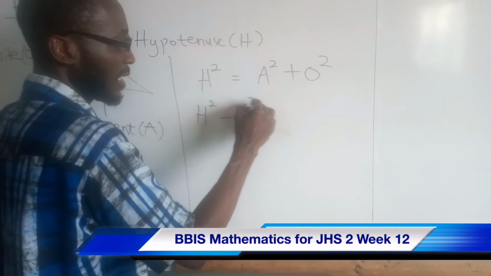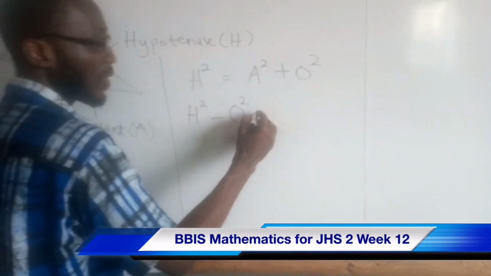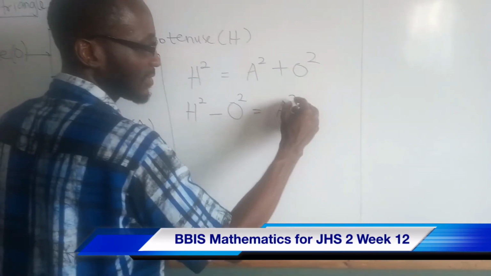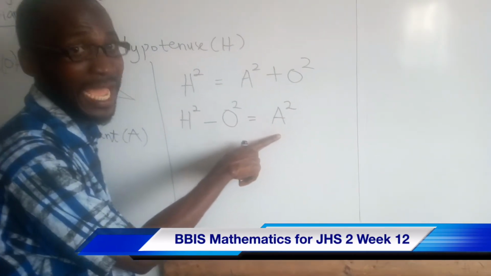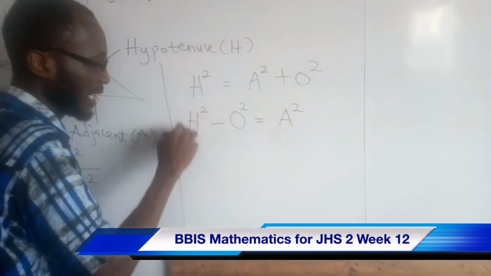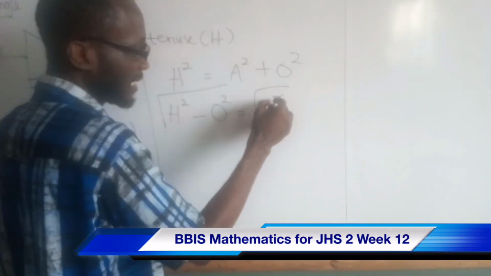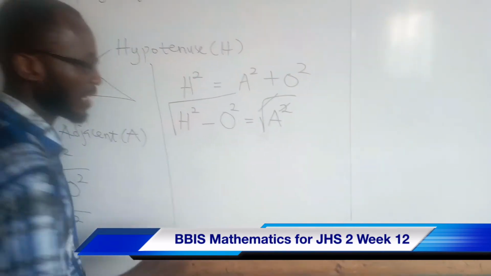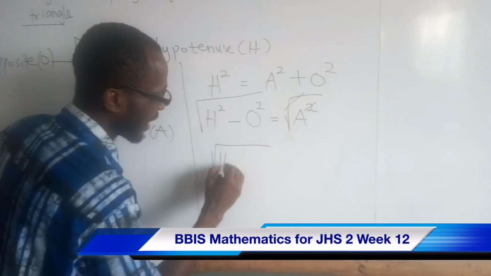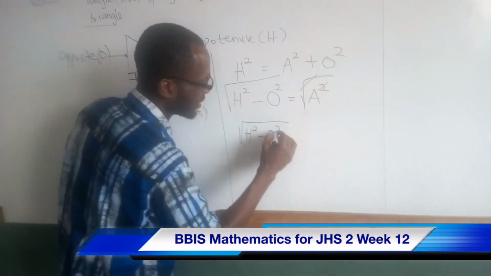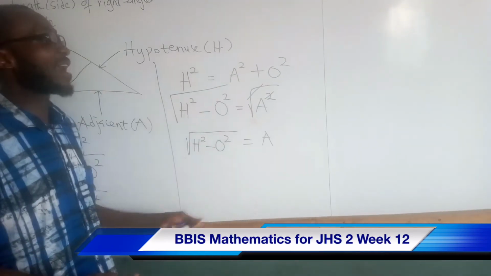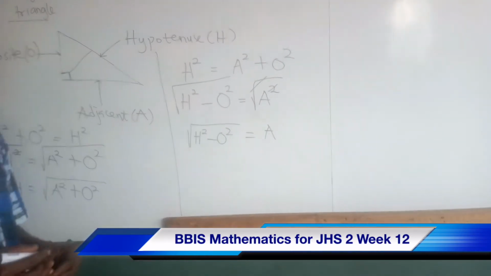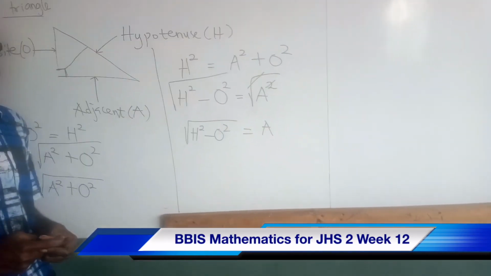So minus opposite squared is equal to what? Adjacent squared. But bear in mind, we are not looking for adjacent squared, we are looking for what? Adjacent. So what do we do? Again, we square root both sides, then the square cancels the square root sign. So it means that the square root of hypotenuse squared minus opposite squared is equal to the adjacent. And you can do the same in finding the opposite. It's the same thing. I hope you have understood to this point.